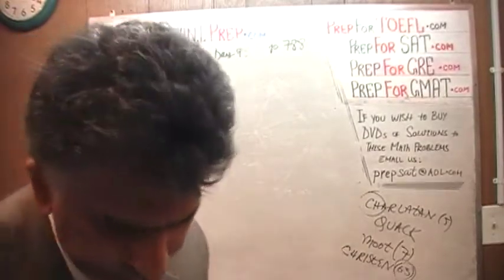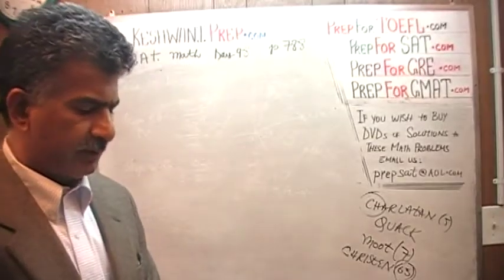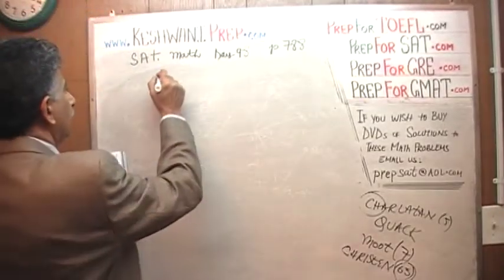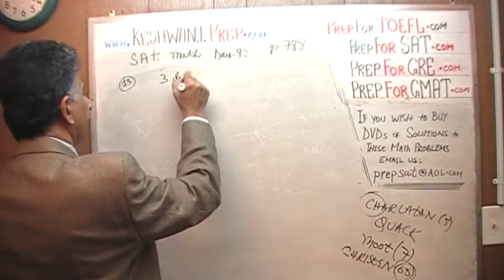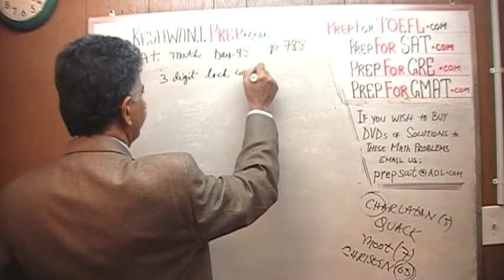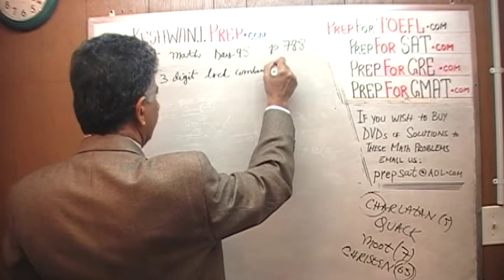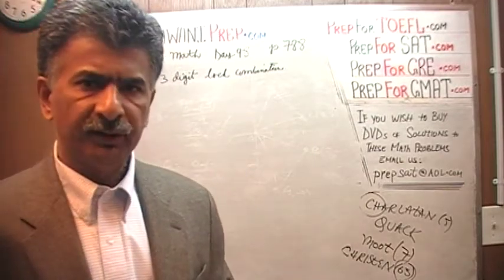In number 13, we are given a 3-digit log combination. The combination satisfies 3 conditions that are given to us.